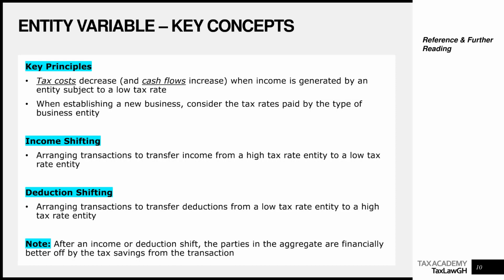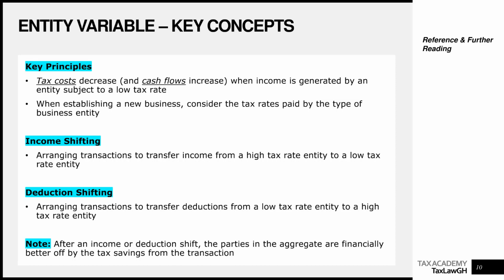Let's look at a concept called income shifting. What does income shifting mean? We are saying here that this is where you arrange transactions to transfer income from a high tax rate entity to a low tax rate entity. So let's say you are an investor or a business owner and you run two different companies.